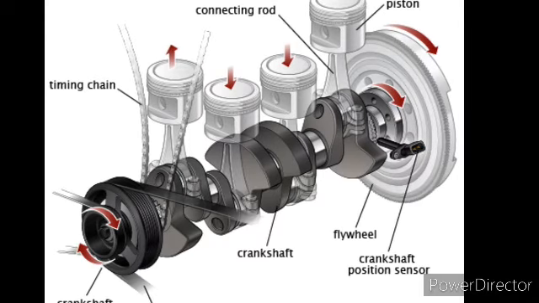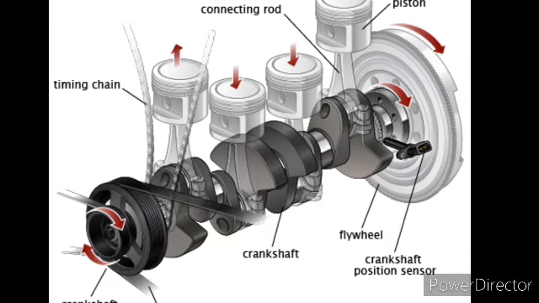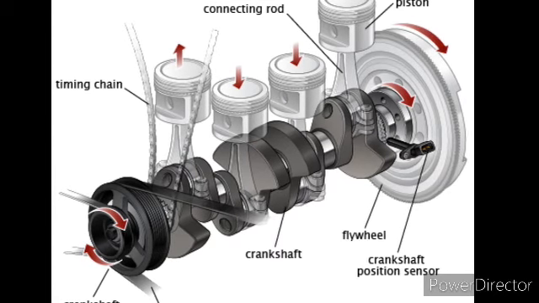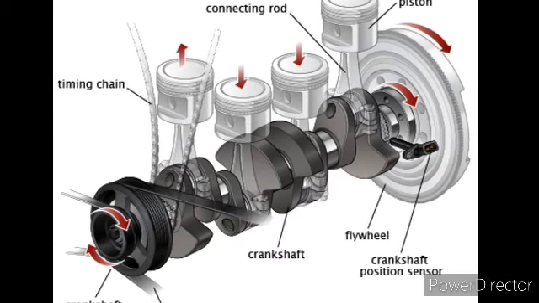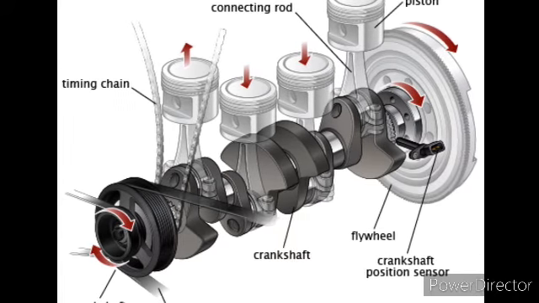In addition, the part of the engine that connects the rod and crankshaft is what we call the crank. So you might wonder what the difference is between this crank and the crankshaft.